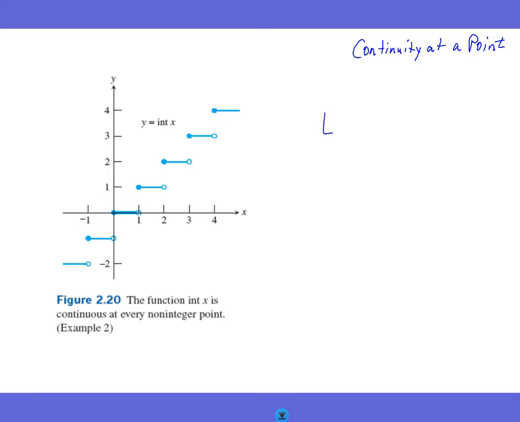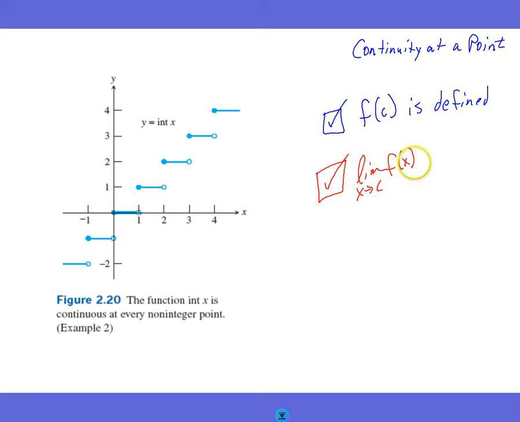First thing is, let's put a little checkbox. First thing you gotta check, is f of c defined? Next little check mark, I'm gonna go a different color because I like different colors. Does the limit as x approaches c exist?